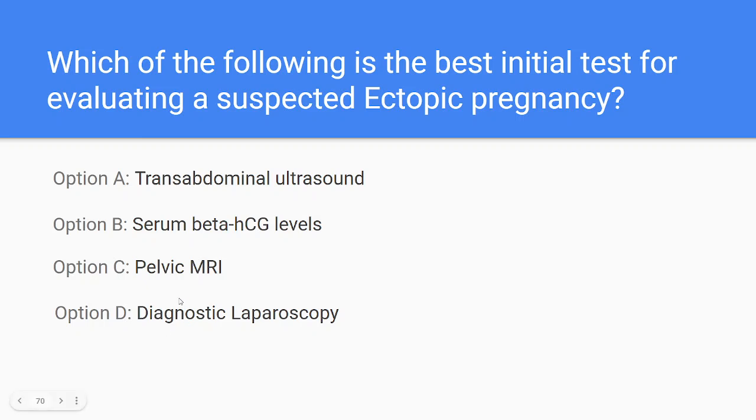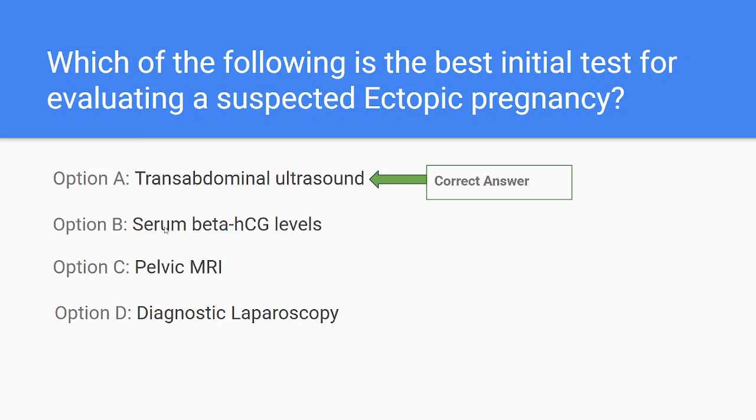Here, the beta HCG level at the intrauterine gestational sac, which is seen by this transabdominal ultrasound, will be 1800 international units per liter. So, the transabdominal ultrasound is the most preferable test in order to identify this suspected ectopic pregnancy. So, option A is the correct answer.